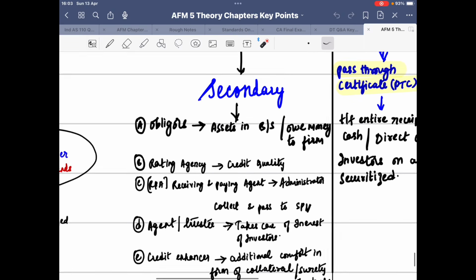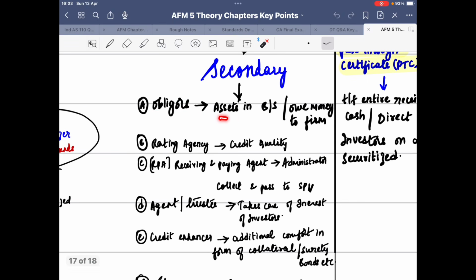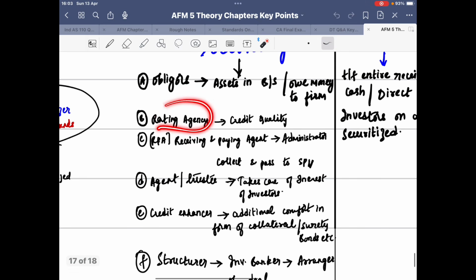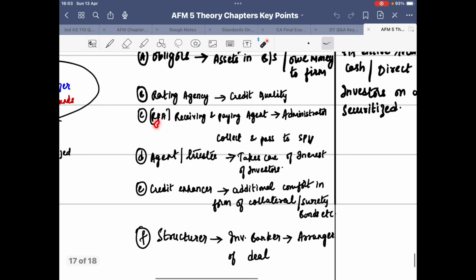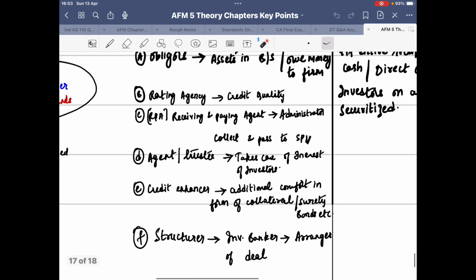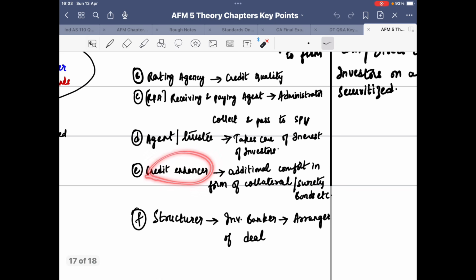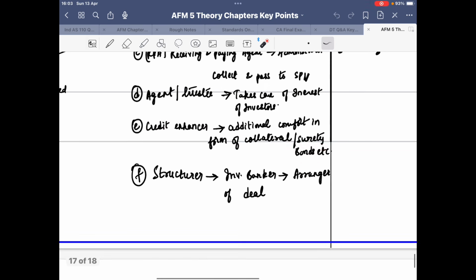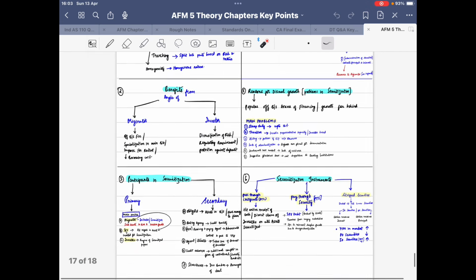Secondary participants: obligors, whose assets in balance sheets owe money to the firm. Rating agency, credit quality. RPA, receiving and paying agent, who is like an administrator, collects and passes to SPV. Agents or trustee takes care of interest of investors. Credit enhancer provides additional comfort in form of collateral, surety of bonds, etc. Structurer, investment banker, arranger of deal.